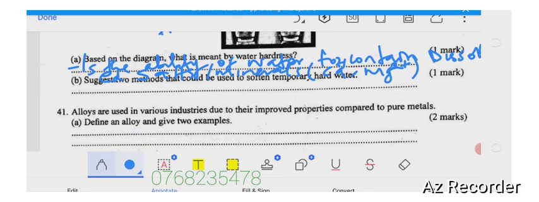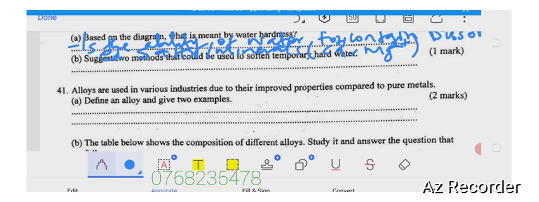Suggest two methods that can be used to soften temporary hard water. So the first method for softening temporary hard water is boiling. We use mostly boiling, but we have others like the chemical method, which is adding washing soda.